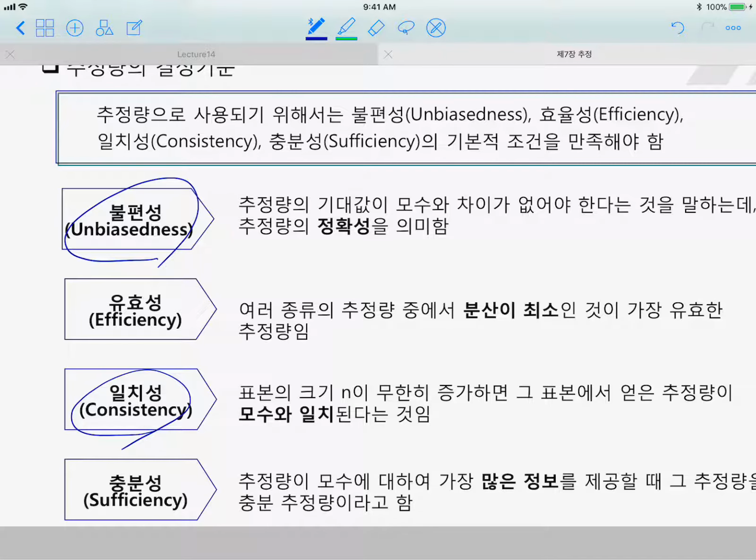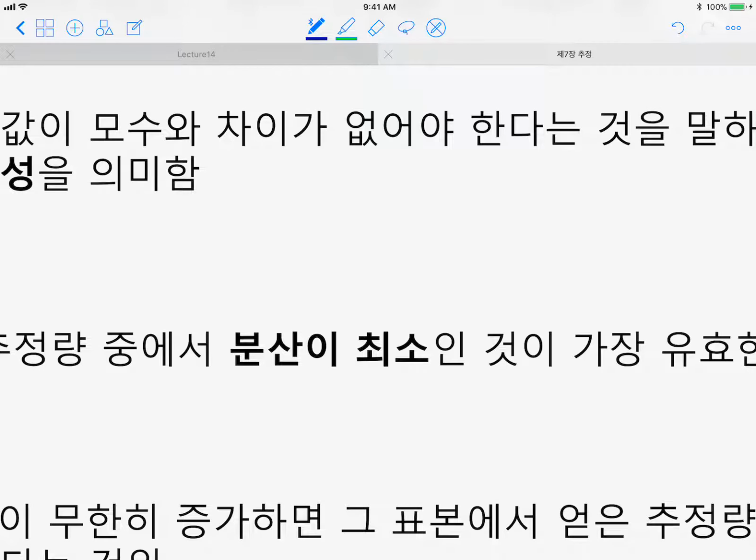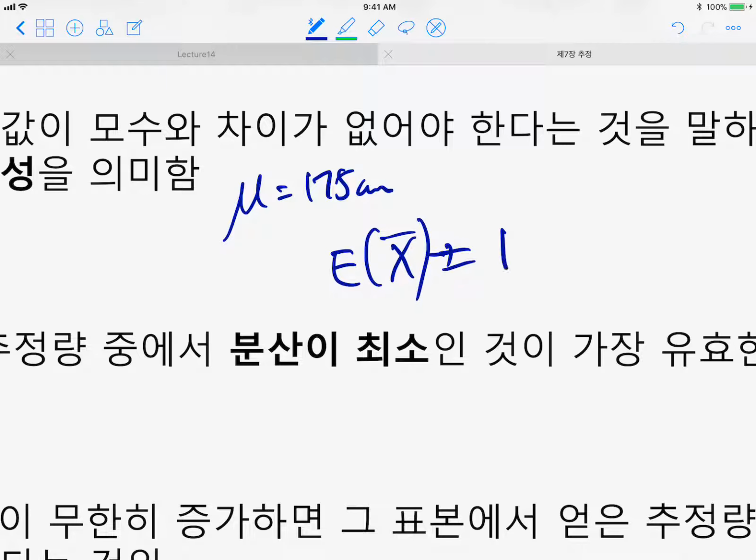So let's think about the biased estimator. Your true parameter mu was 175, but your sample statistic, x bar, has an expectation value of maybe 173. So on average, your estimator is underestimating the true parameter value, right?